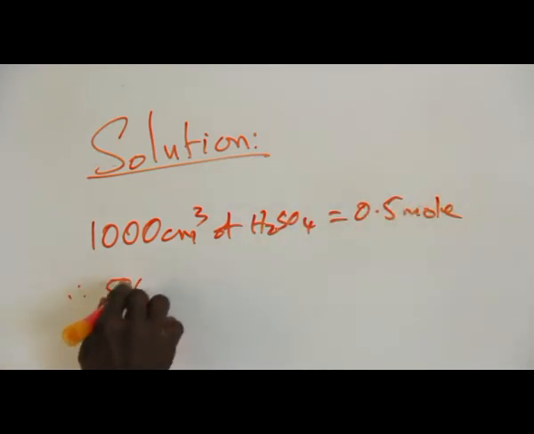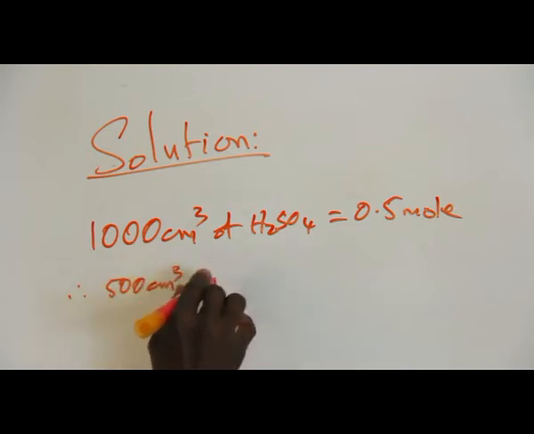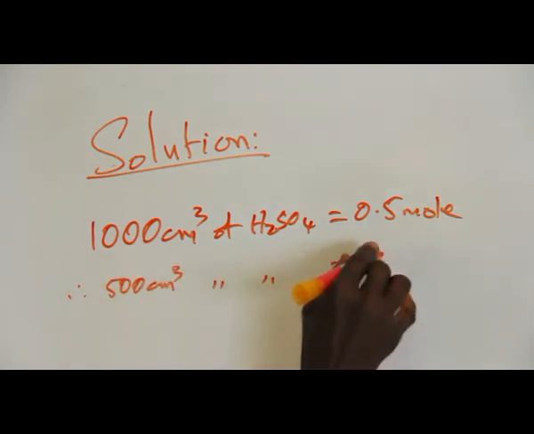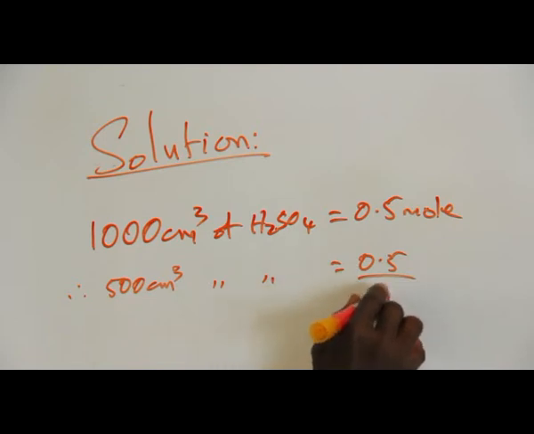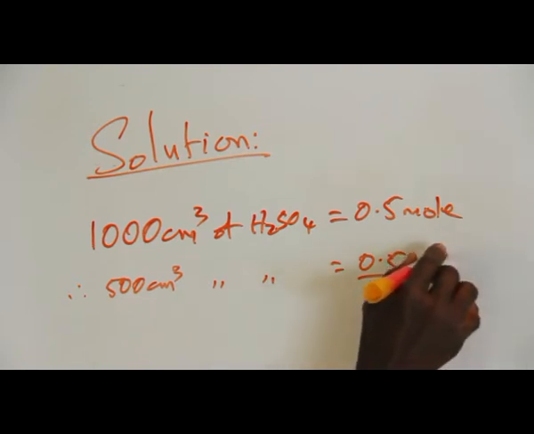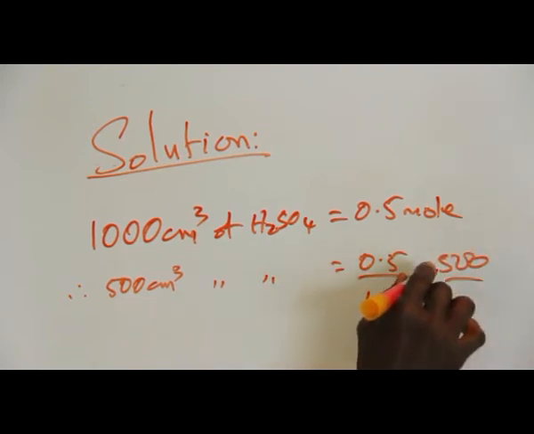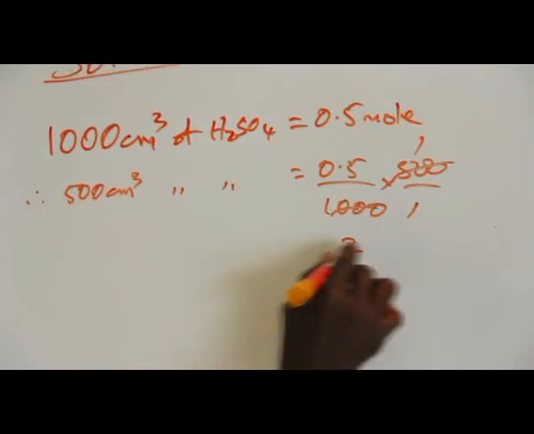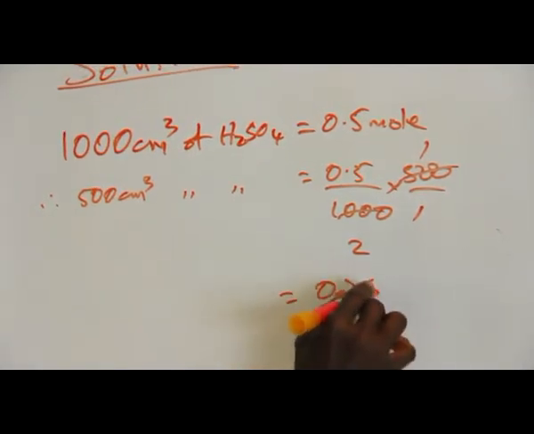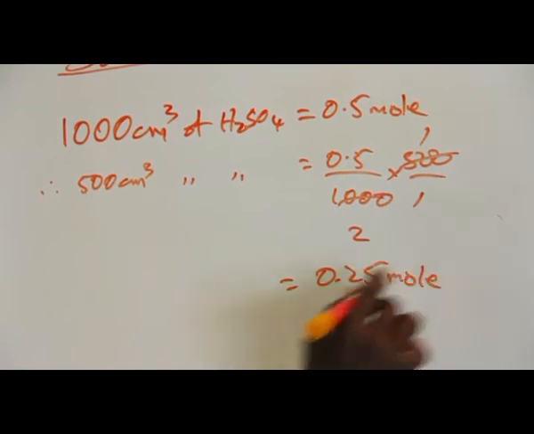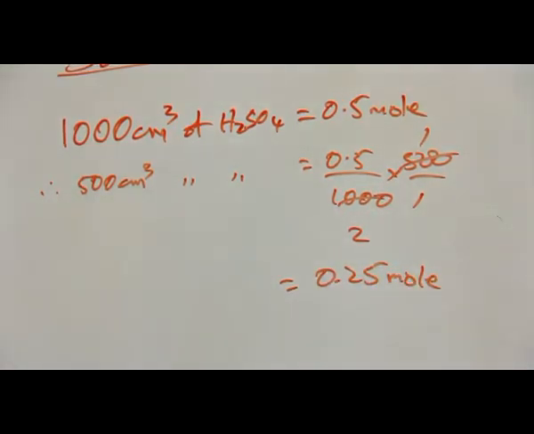Therefore, we're given 500 cm³, so this is equal to 0.5 over 1000 times 500 over 1, that is 0.25 mole. That is to say, the number of moles of H2SO4 is 0.25.